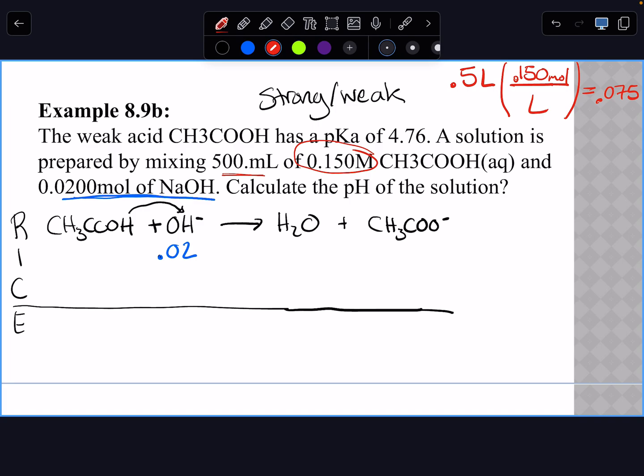0.075, which then can go down under our acid. Yeah, Emily? Even though we took away the Na, how is it still 0.02 moles of the NaOH? What do you mean we took it away? Like we don't have the Na in the equation, but it's still 0.02.